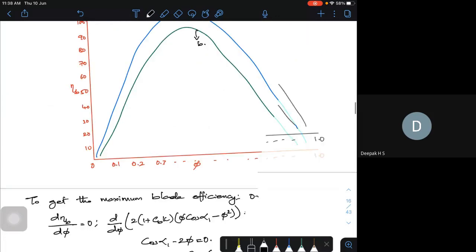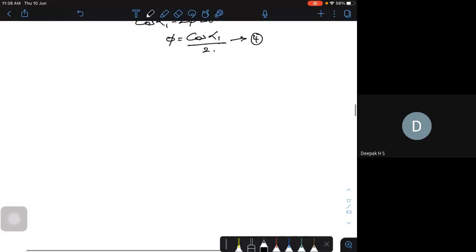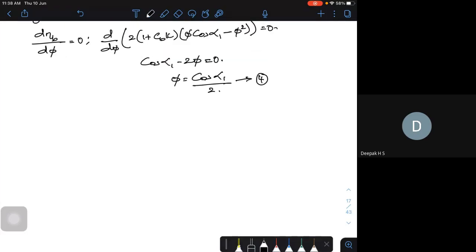I can tell that the optimum value of phi for maximum blade efficiency is given by this.